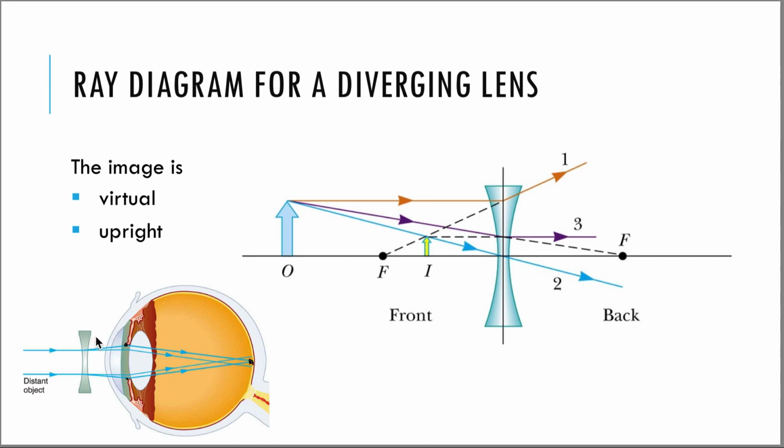A diverging lens is actually used to fix nearsightedness, when you cannot see distant objects. You see that these distant objects have parallel rays that did not converge on the retina. You can actually use a converging lens to fix farsightedness. So that's a pretty cool application.